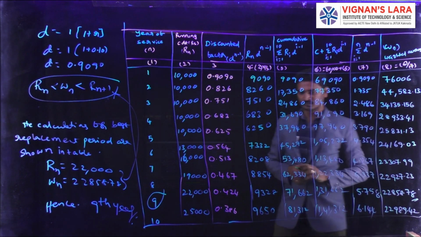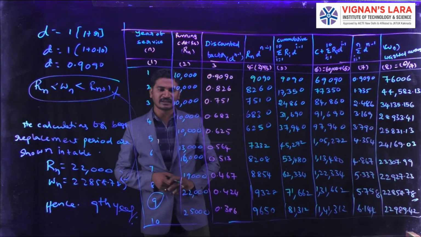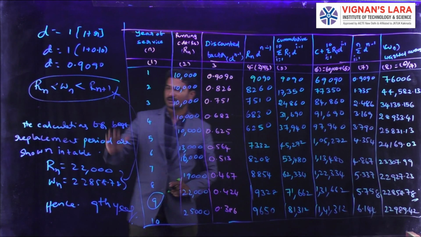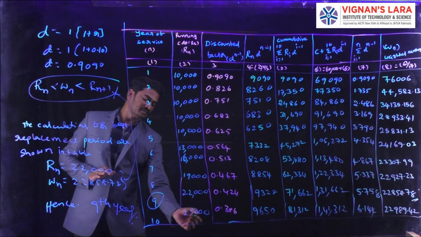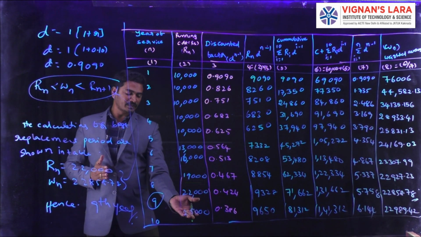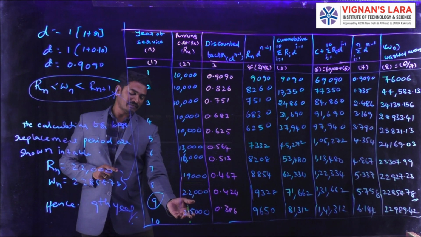Okay, here after checking the optimum condition, the ninth year is the best year. Here Rn means 22,000. Coming to Rn plus 1, Rn plus 1 means 10th year. Here the 10th year the value is 25,000.